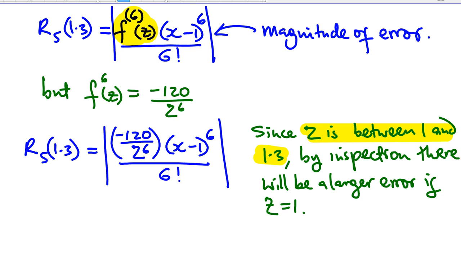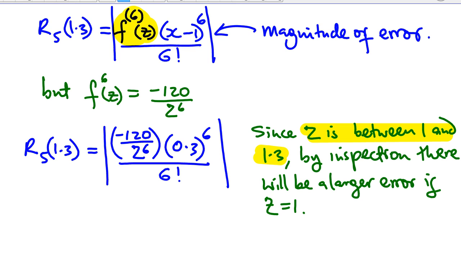So you can pick any value of z between 1 and 1.3. Here, x minus 1 will be 1.3 minus 1, which is 0.3, so 0.3 to the power 6.